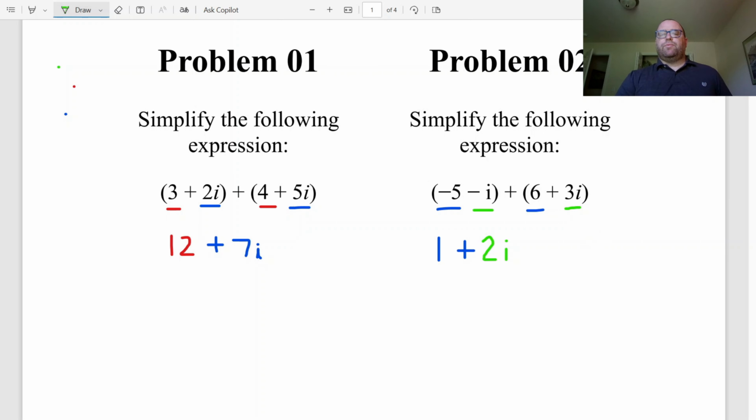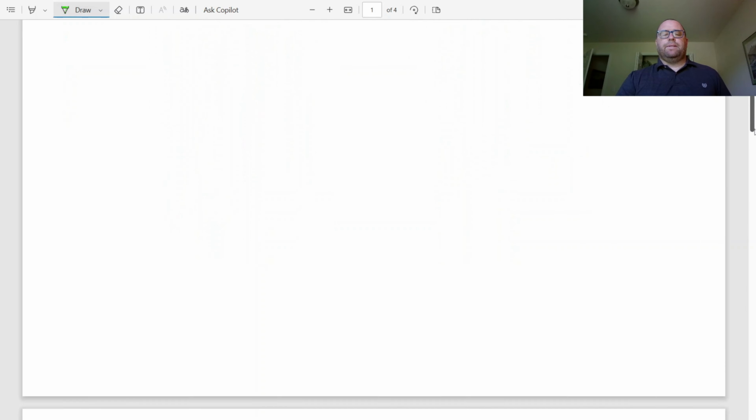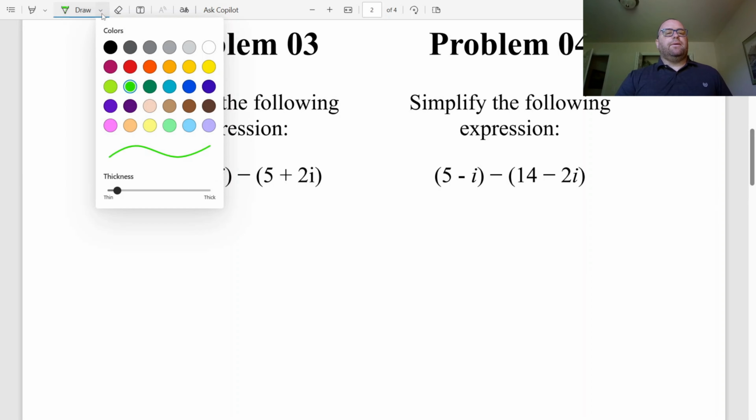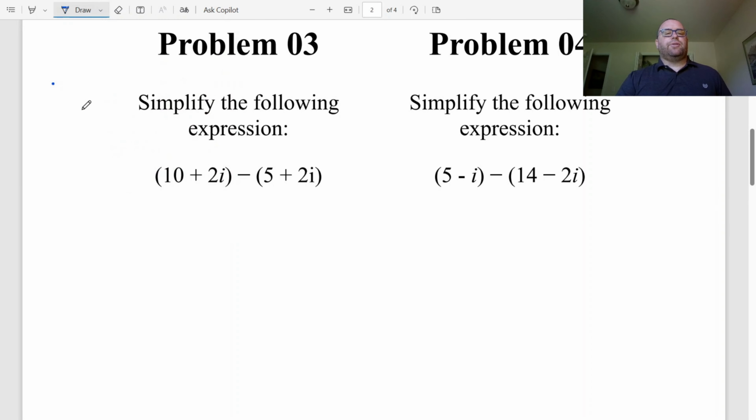So let's move to subtracting. Okay, so let's look at this first one. We have 10 plus 2i minus 5 plus 2i. So we're going to subtract the real part. So 10 minus 5 is 5.